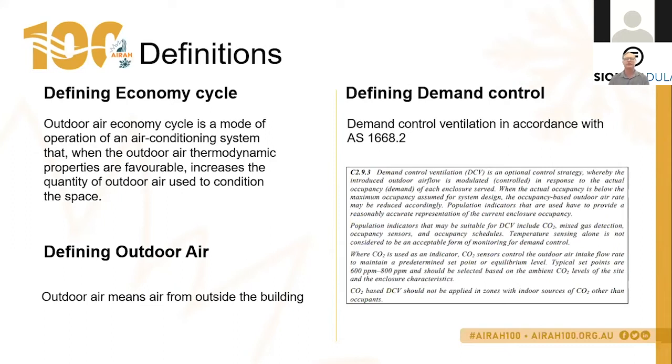Leaky buildings will, of course, have higher outdoor air rates anyway and may have a CO2 demand control system in place that never actually operates because of the amount of outdoor air leakage into the building. So these systems operate better in tightly sealed buildings.